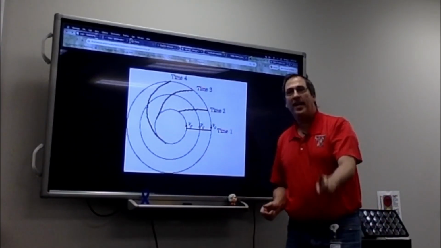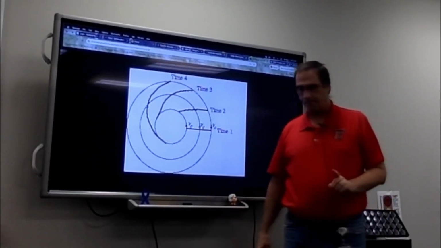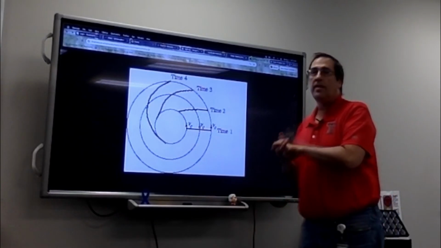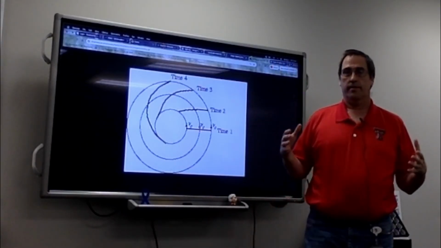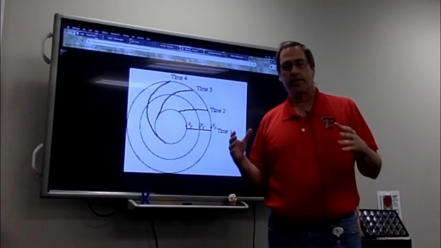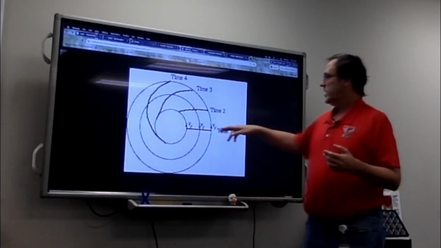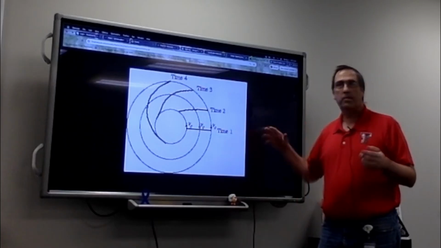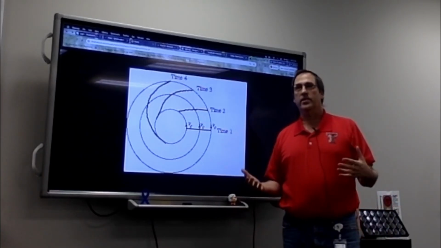But there is a major problem with this, and I want to see if I can explain it. If our galaxies were solid, then everything should be in a straight line the whole time. Think about a record or a CD or a plate.